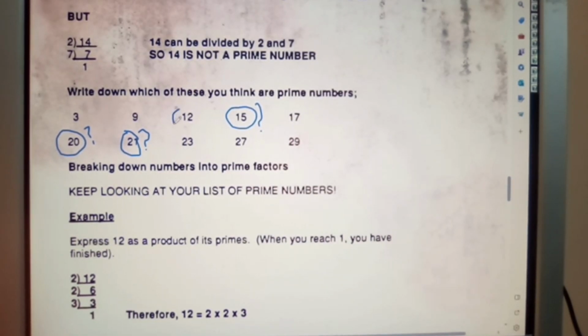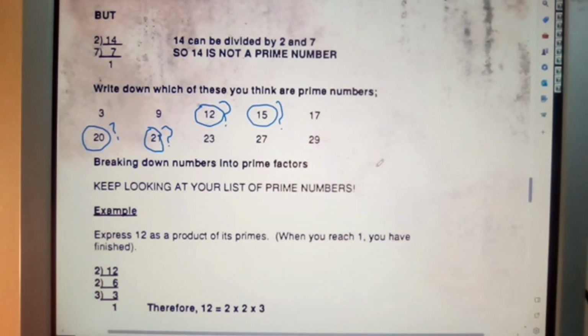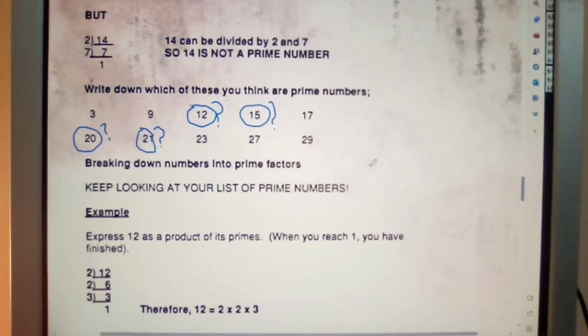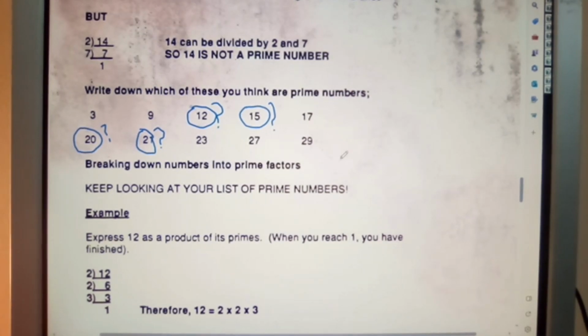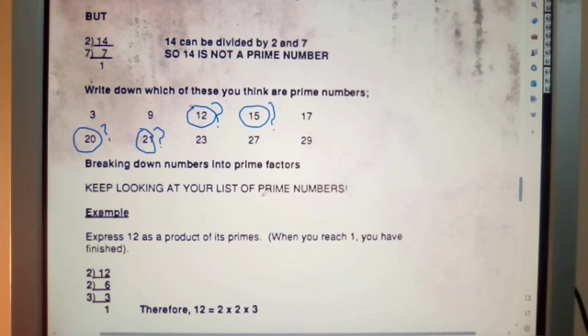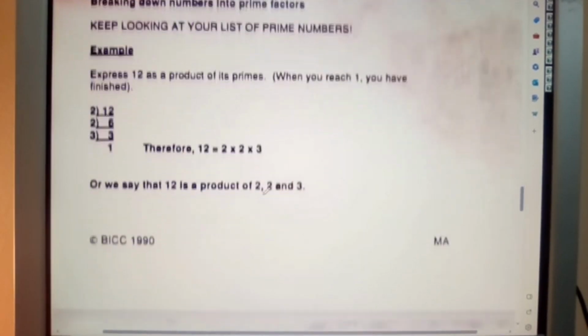And would this be a prime number? Remembering that a prime number can only be divided by itself and 1. Okay, I'll leave that for you to figure out, and have a tinker around with, okay.